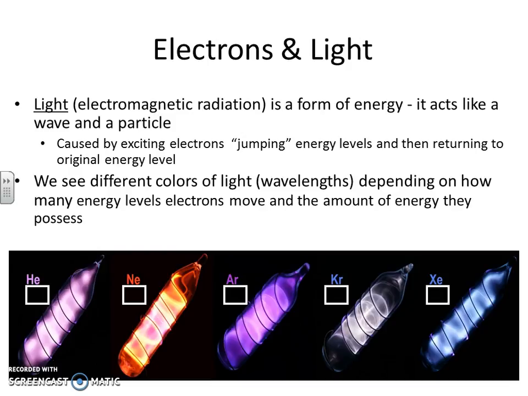So we see different colors of light or wavelengths depending on how many energy levels the electrons move and the amount of energy they possess. For example, helium down here is purple, but neon is this kind of orangey yellow pink. And argon is an even deeper purple, xenon is blue, and krypton is this kind of grayish silver. And it all depends on how their electrons move.